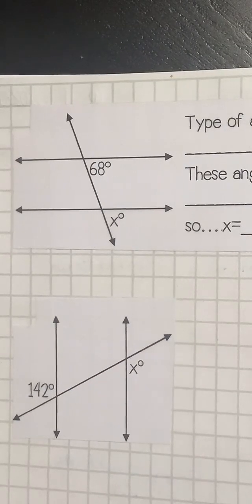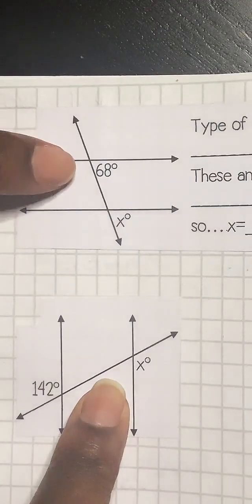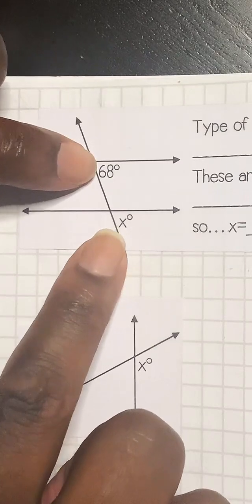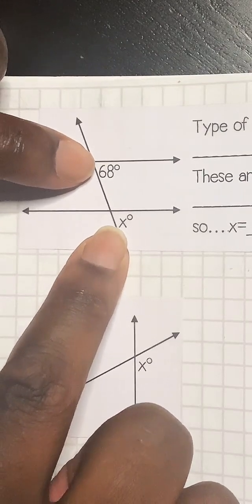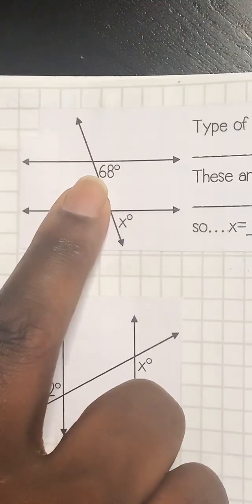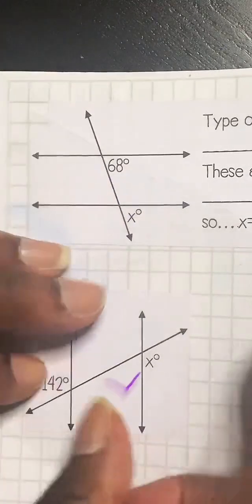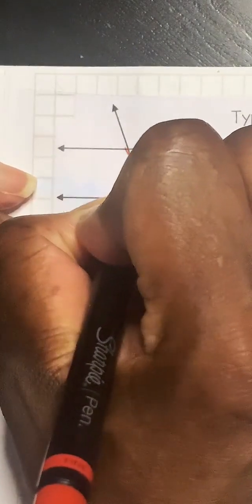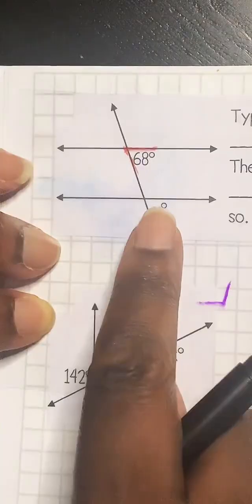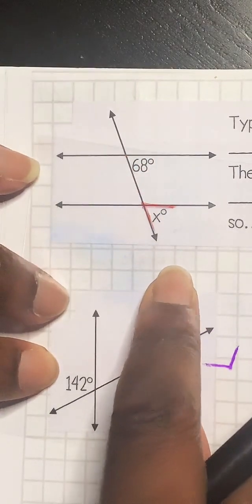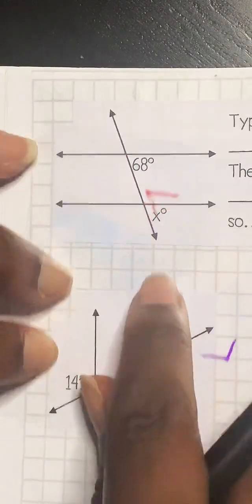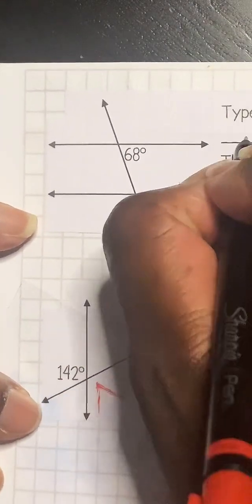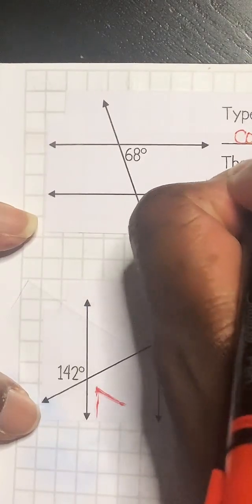Okay, alternate exterior angles. Now they're not going to be alternate because they're both on the same side. But if I take my 68 and I trace that angle and I slide down, it's going to match up with X. The one that slides is my corresponding angles, so I'm going to write core.